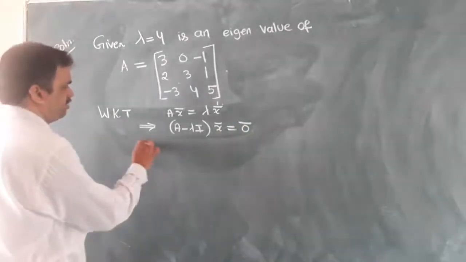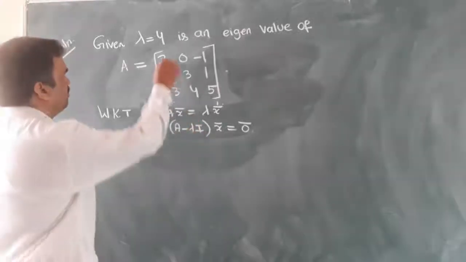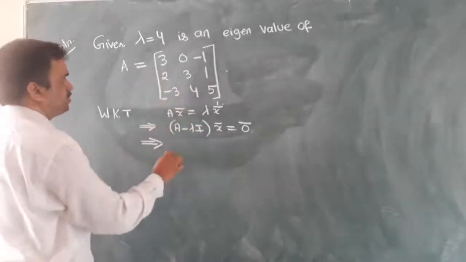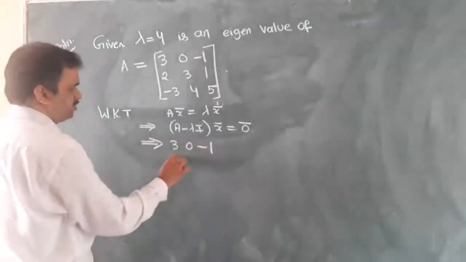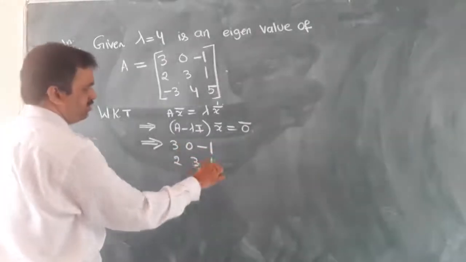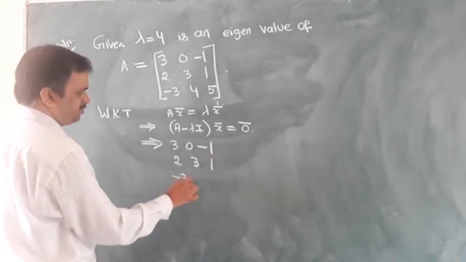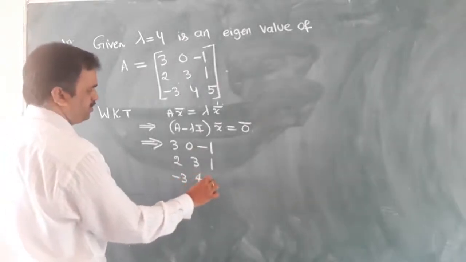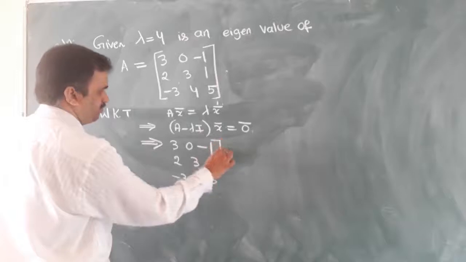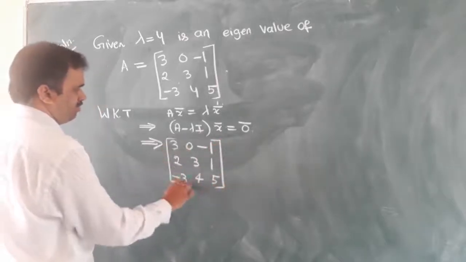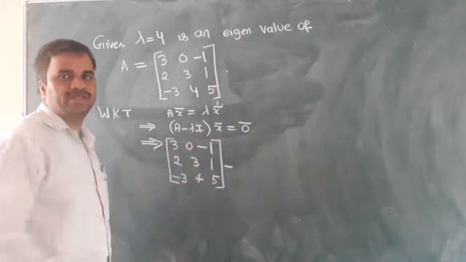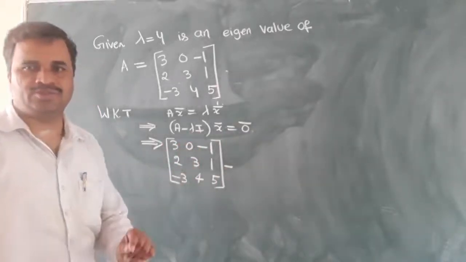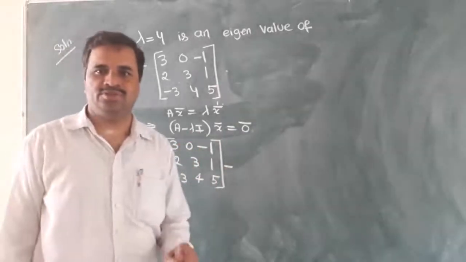We already know the value of lambda, and A also we know. Substitute A: [3, 0, -1; 2, 3, 1; -3, 4, 5] minus lambda times I, the identity matrix [1, 0, 0; 0, 1, 0; 0, 0, 1].